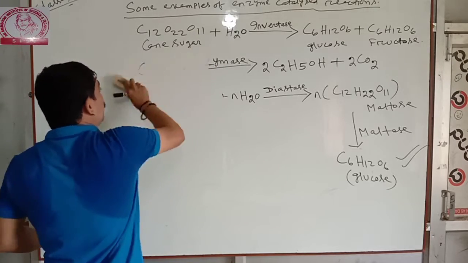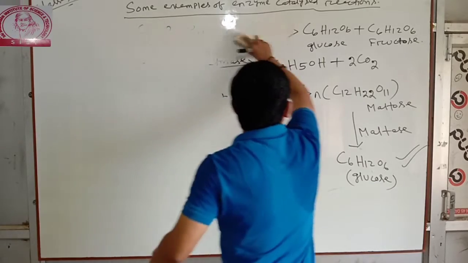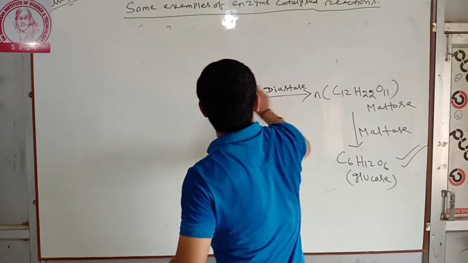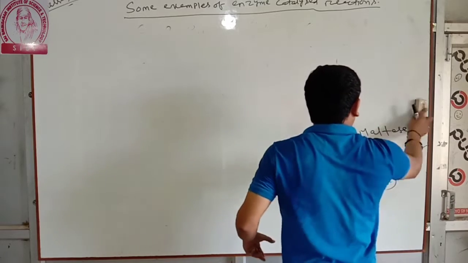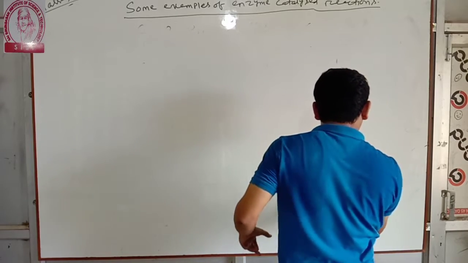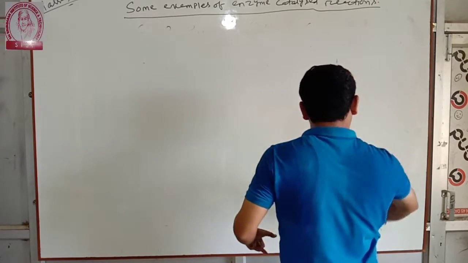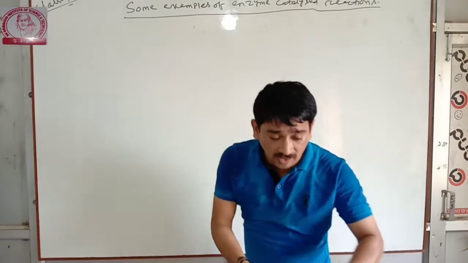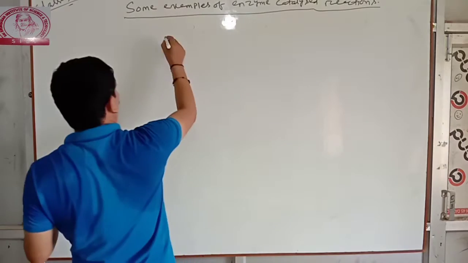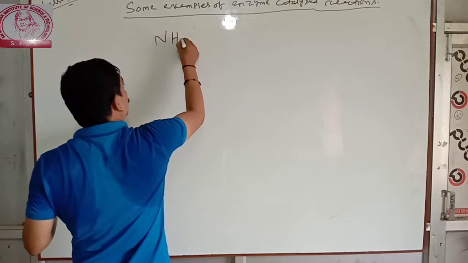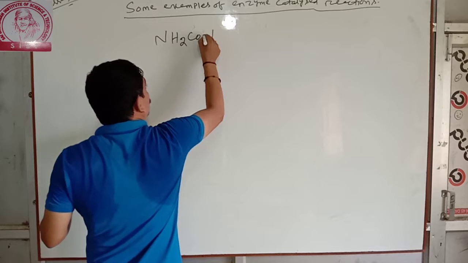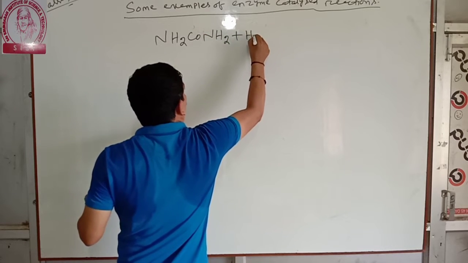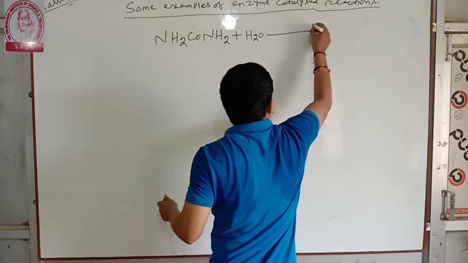Urea. What is the formula of urea? The formula of urea is NH2CONH2 plus water.